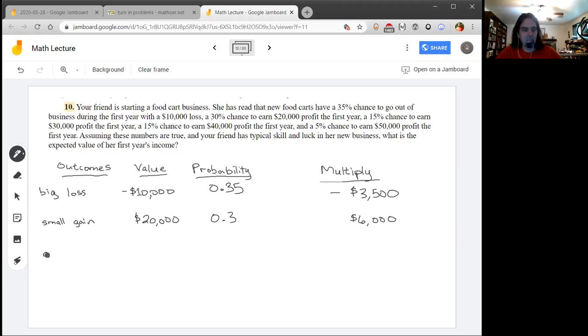Then we have a medium gain. Which happens 15% of the time. We have a big gain.